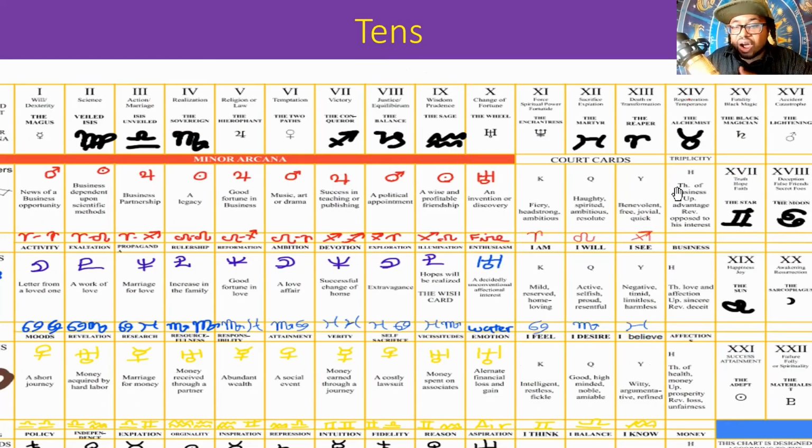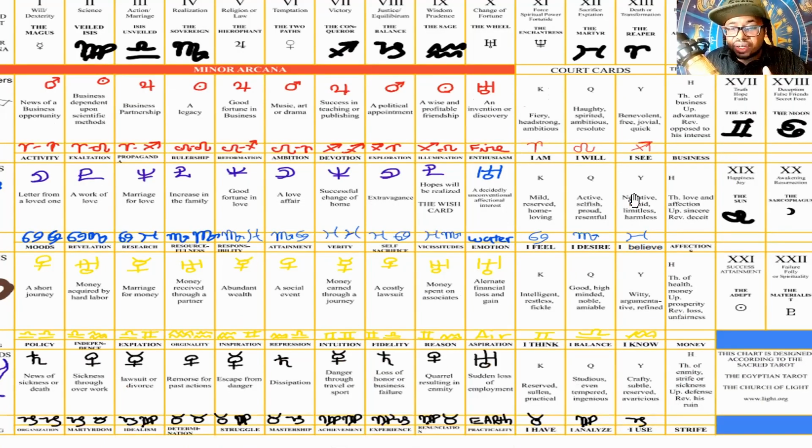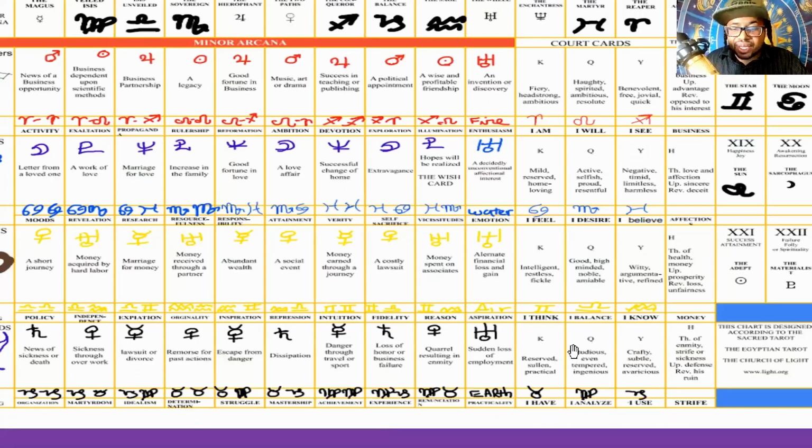It will start off with fire: Aries, Leo, and Sagittarius. With water, you have Cancer, Scorpio, and Pisces. With air, you have Gemini, Libra, and Aquarius. And with earth, you have Taurus, Virgo, and Capricorn.